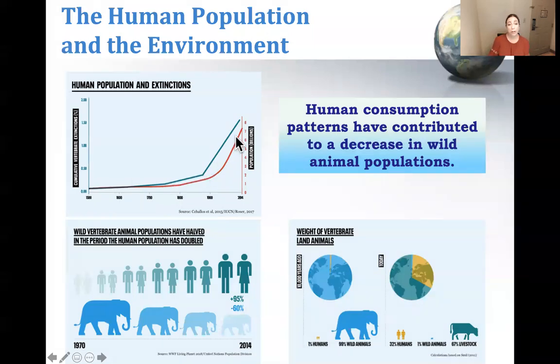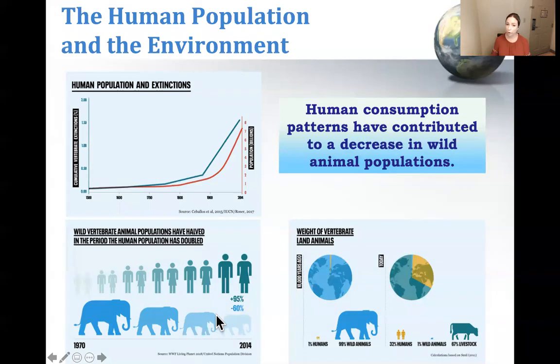So as our population grows, the number of extinctions grows. Okay, and you might remember from an earlier lecture, I talked about the 6th mass extinction. That's what we are currently in, and it is human caused. So if you look at the lower image on the left-hand side, this is showing you that human population has increased, it's doubled, right?